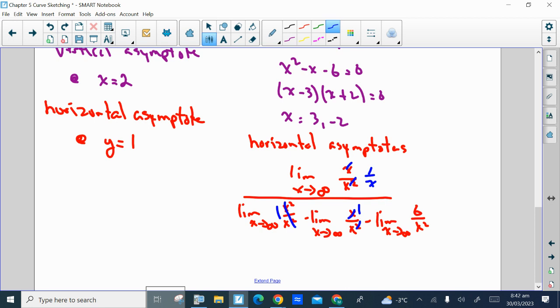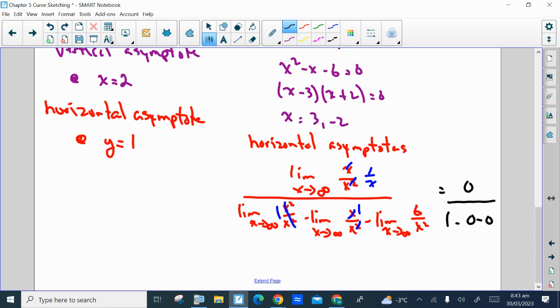So yeah, as x gets larger and larger, 1 over x will get smaller and smaller, and it'll approach a value of 0. So once we see that, that's going to be 0, right? Because the bottom will be 1 minus 0 minus another 0.